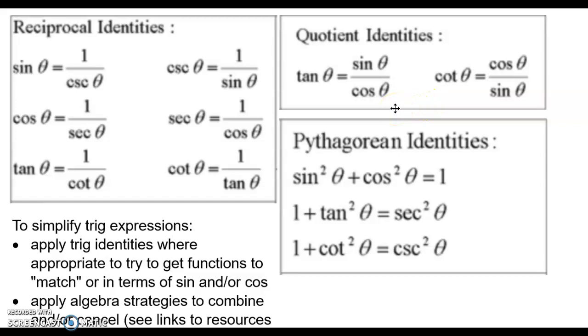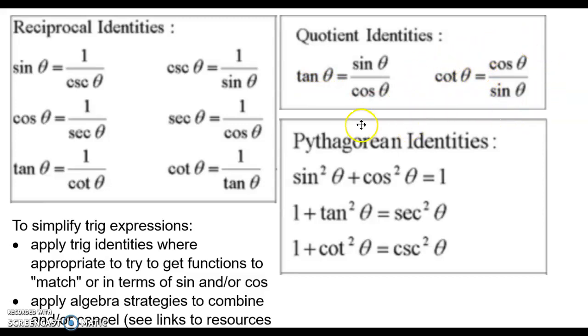This is in relation to the fact that tangent is the opposite side over the adjacent side, and sine is the opposite side over the hypotenuse, and cosine is the adjacent side over the hypotenuse. So if we were to simplify that complex fraction, O over H over A over H, it would give us O over A, which is tangent, and the same thing over here.